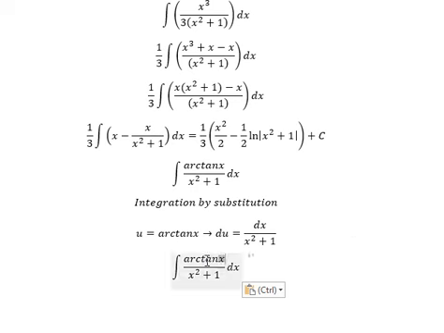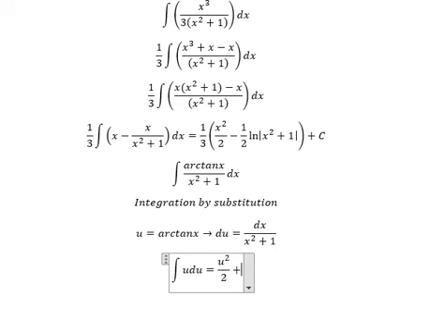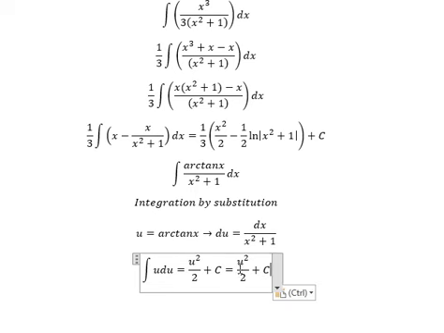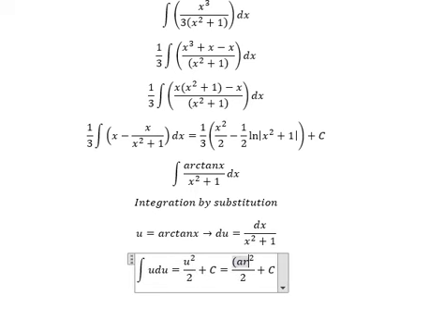So this one we change by u, and dx over s squared plus 1 we change by du. The integration of u is u squared over 2, and I will put c. For u, that is arctan of x.